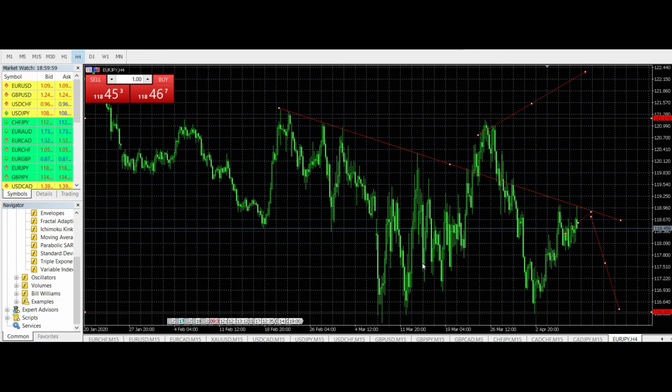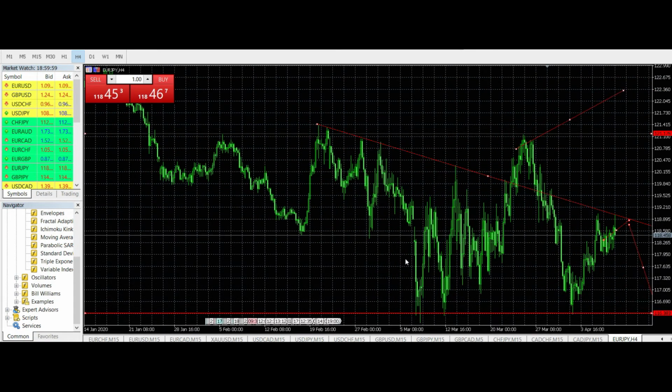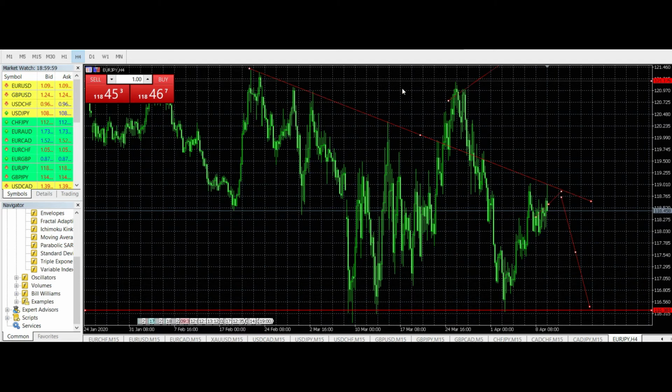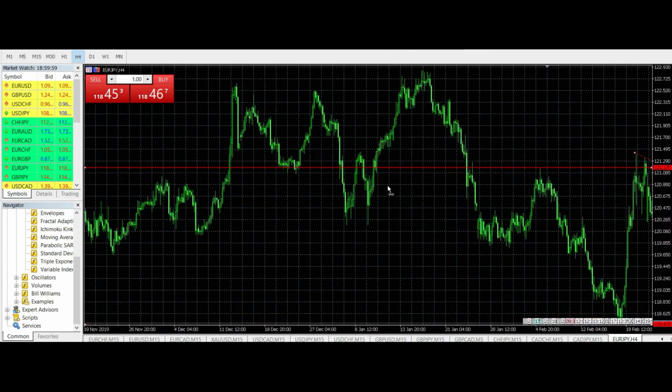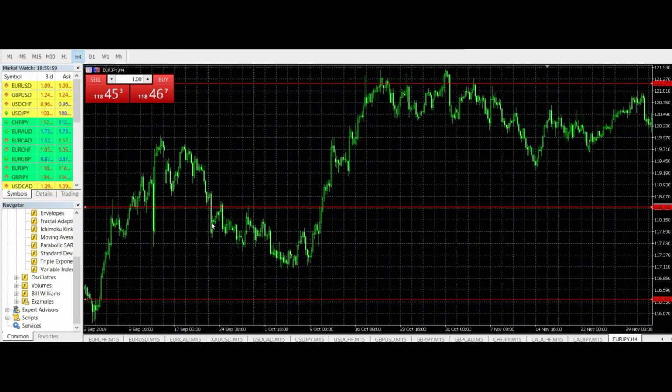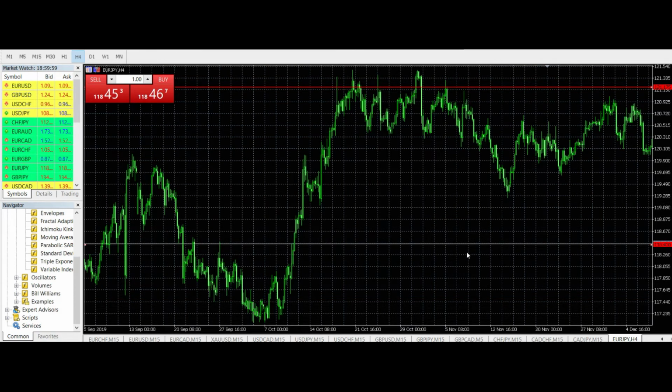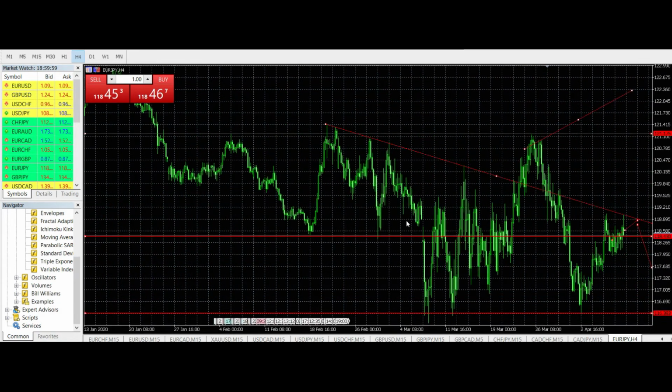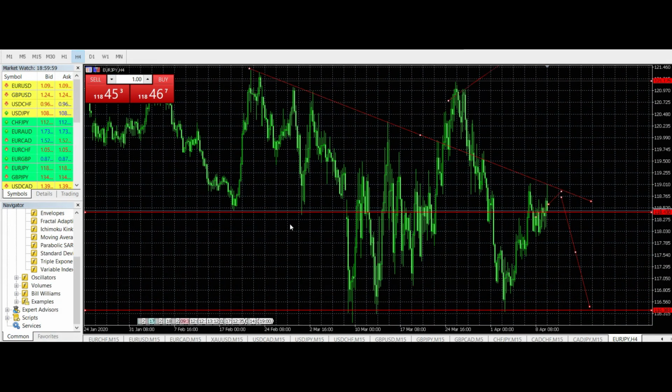Now here in the middle, I don't see anything except probably this support here, but it's not a strong support. It's a weak support. So I don't know if it's going to work. I don't know if I would even take this line into consideration in my technical analysis, but just for the sake of it, let's draw it.